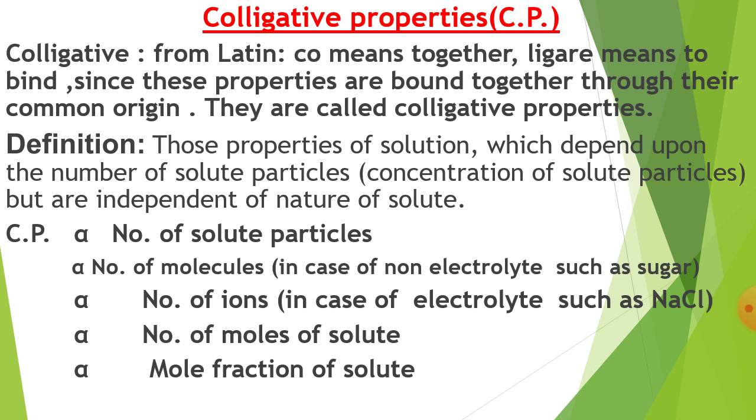In NaCl 2 ions are present, in K2SO4 3 ions are present. Also directly proportional to the number of moles of solute, and we can also say that colligative properties are directly proportional to the mole fraction of solute. So this you have to know and understand properly, on which colligative properties are based.